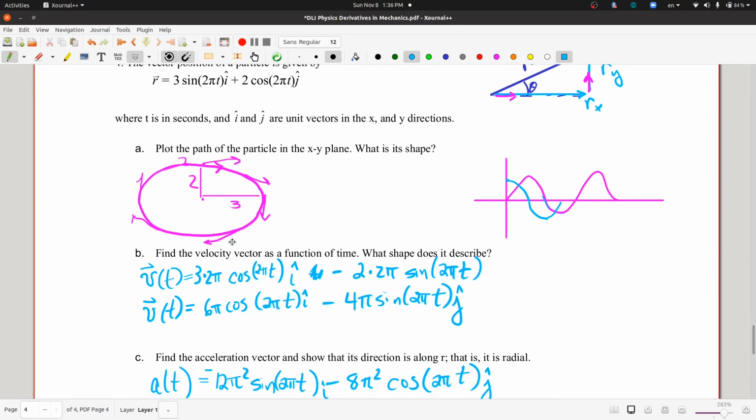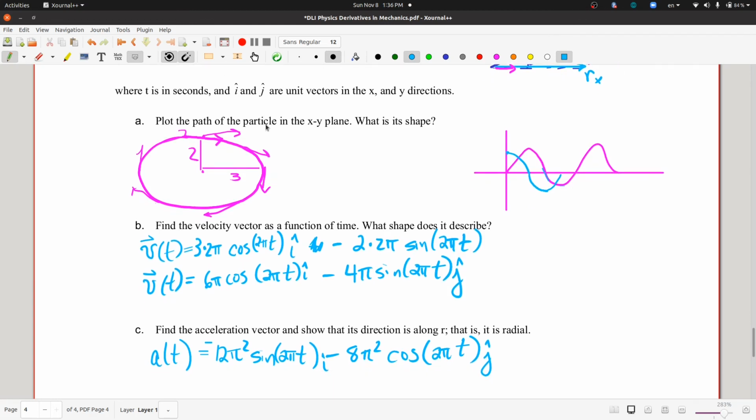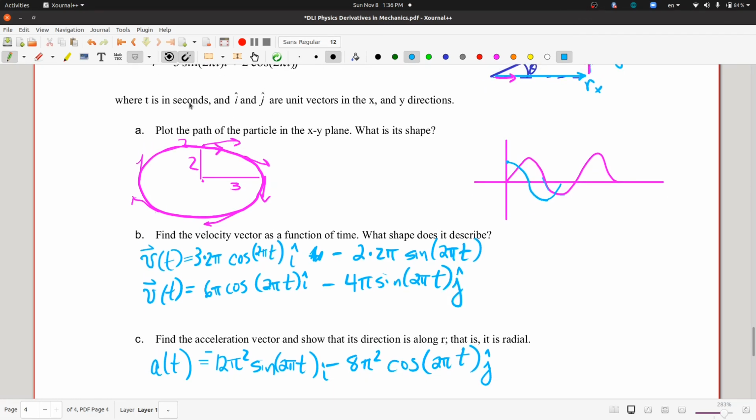Let's see. Well, the x component is proportional to sine of 2 pi t. The y component is proportional to cosine of 2 pi t. And I see that that same thing is true for r. So what we've seen is that this function is, let's see, we move from 3 to 12 pi. So this is equal to 4 pi.